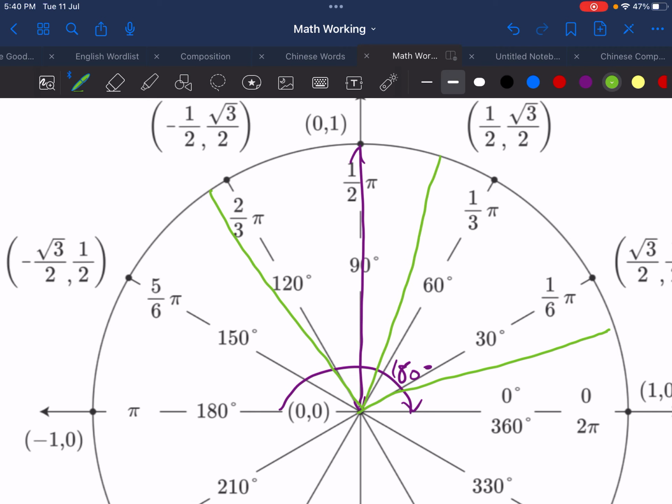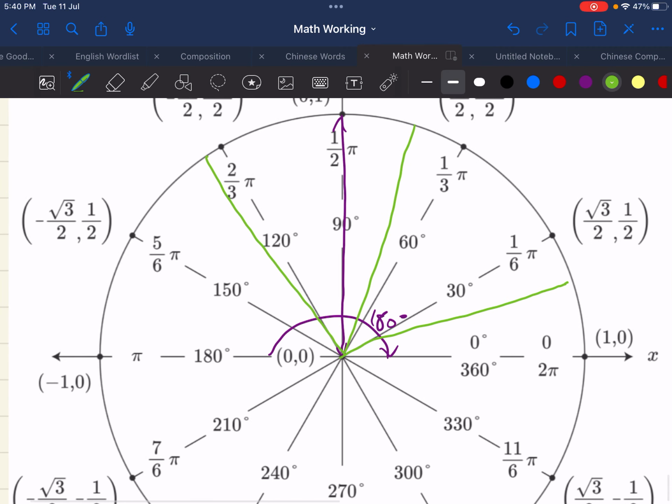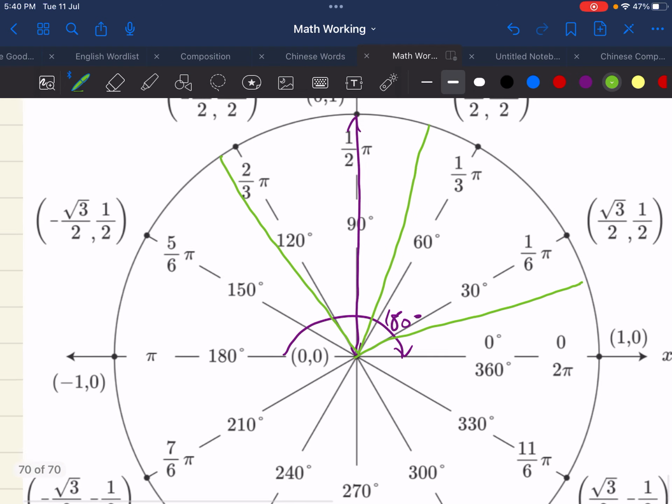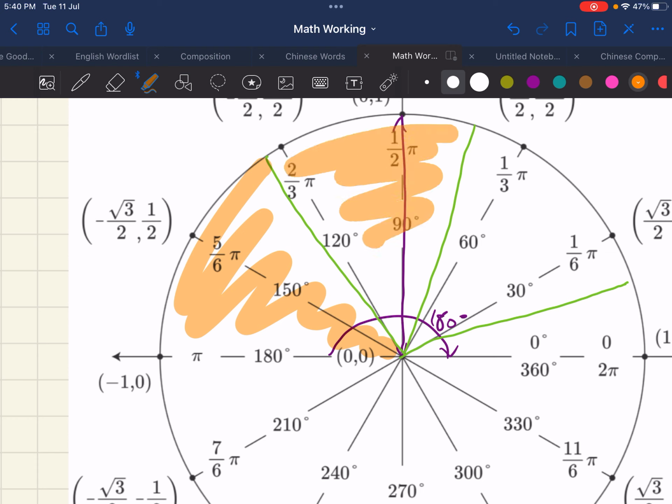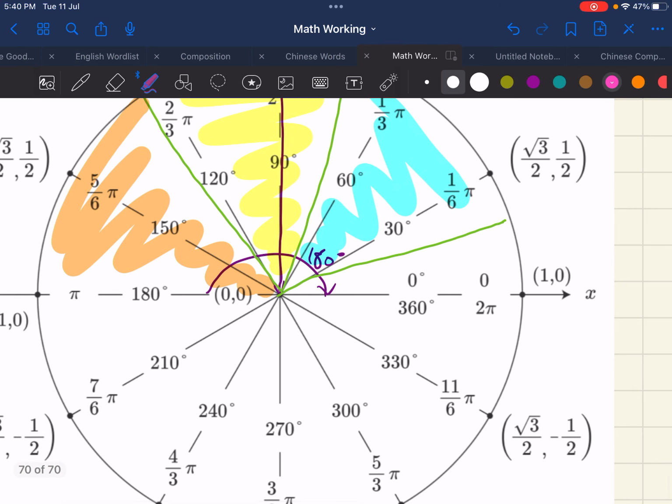If you have just noticed, or if you have not caught on yet, this is one part, this is another part, this is the third part, and this last part is another part.